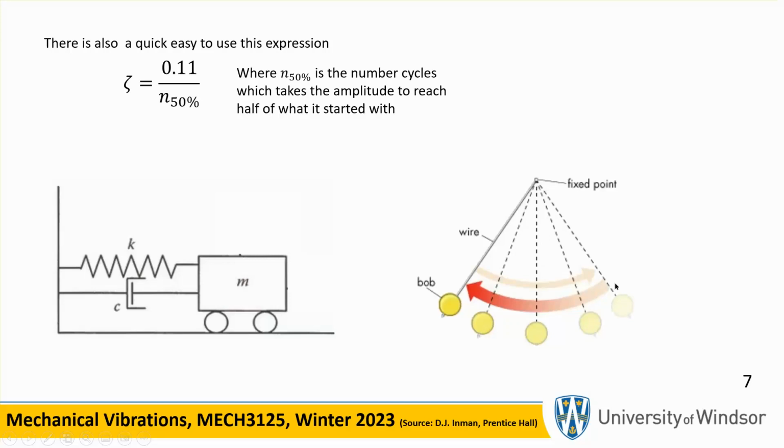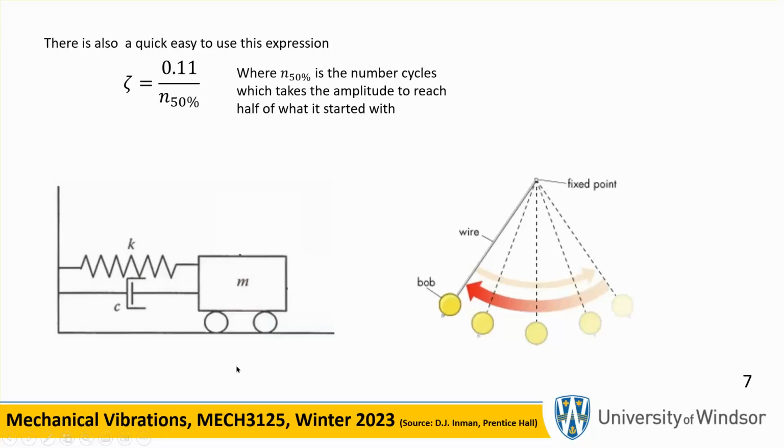It starts going back and forth, and this angle, which initially was 10 degrees, is going to get smaller and smaller because of damping. At some point, the 10 degrees becomes 5 degrees. That's what I mean by number of cycles to reach 50% amplitude. So if you counted these back and forth vibrations, these cycles, until the original angle was halved, that is what's going to go in here. And you get the damping ratio based on that.